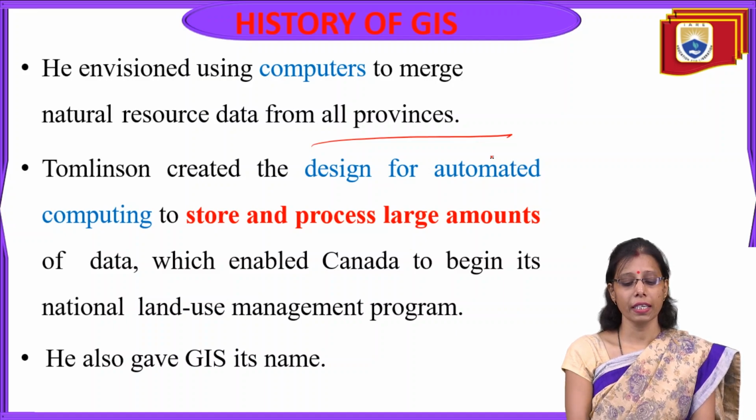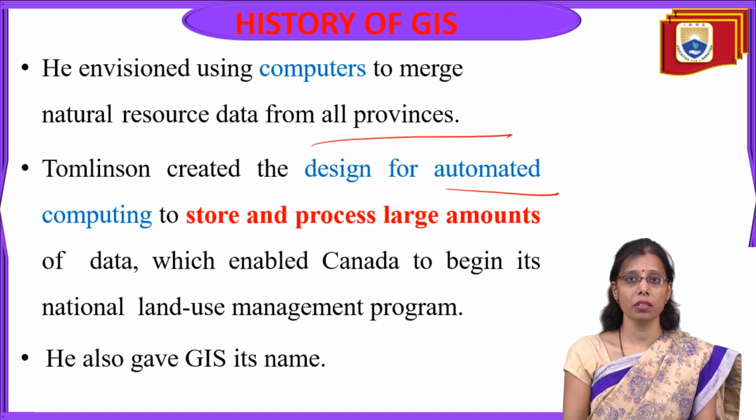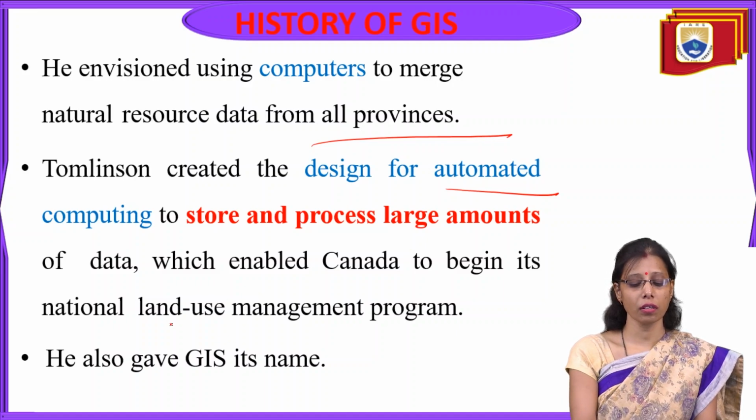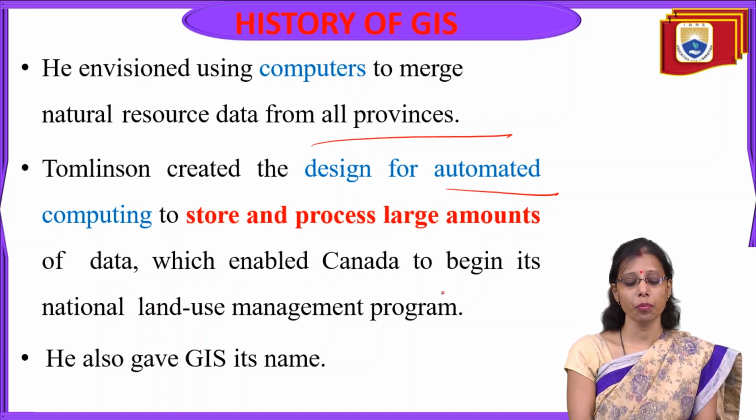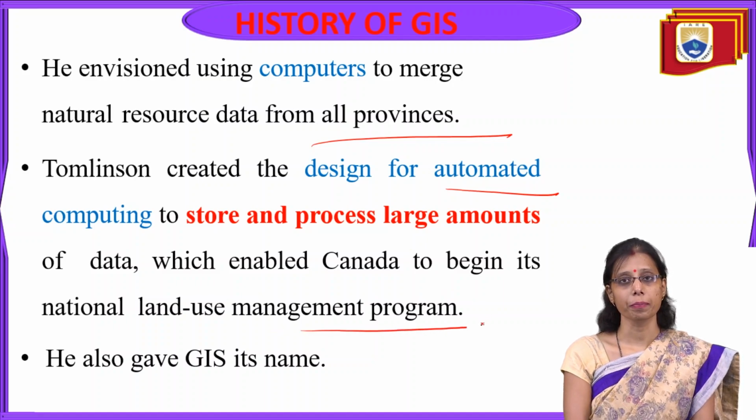Tomlinson created the design for automated computing to store and process large amounts of data. He was the person who made GIS that helpful, where you can make it automatic computing to store and process data in large amounts, which enabled Canada to begin its national land use management program.